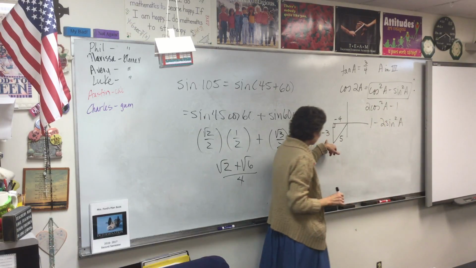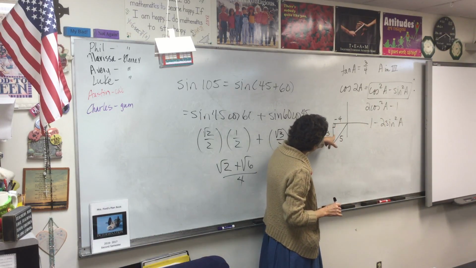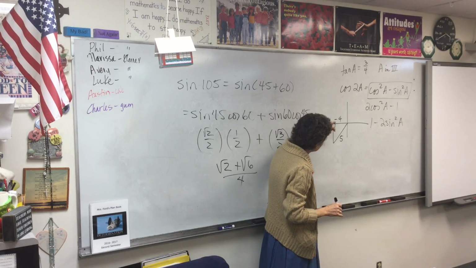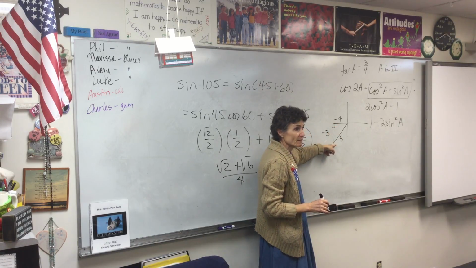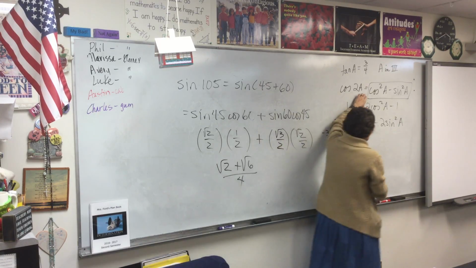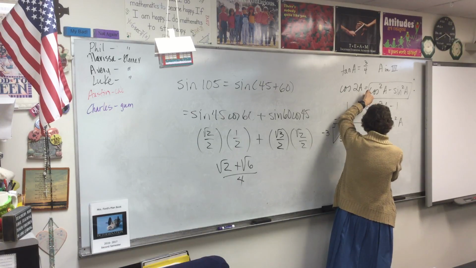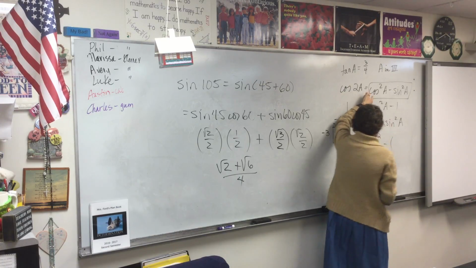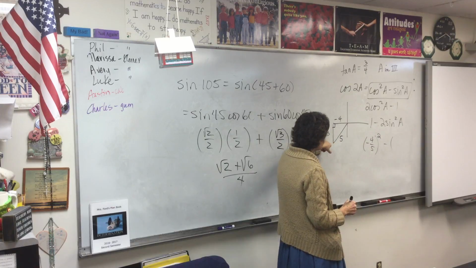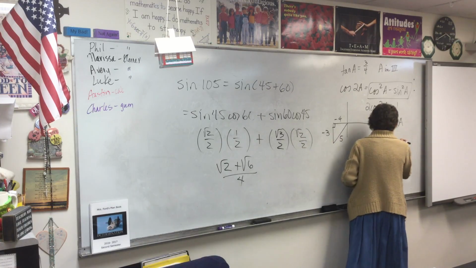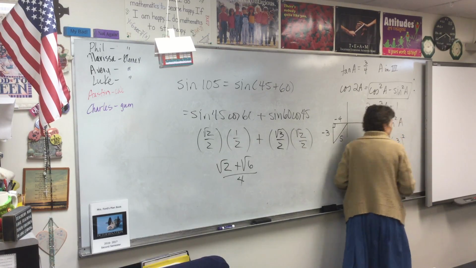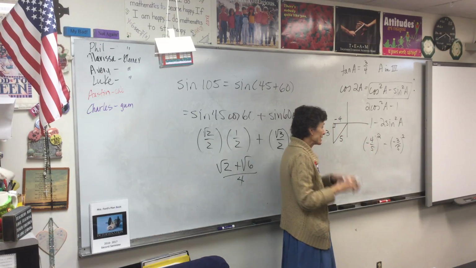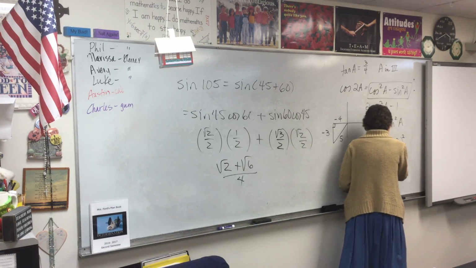And I'm going to look over here at my picture, and I'm going to say, okay, the cosine is negative 4/5, but it has to be squared. So I have negative 4/5 squared. The sine is negative 3/5, and it's going to be squared. Now sometimes we get too excited and we cancel these.